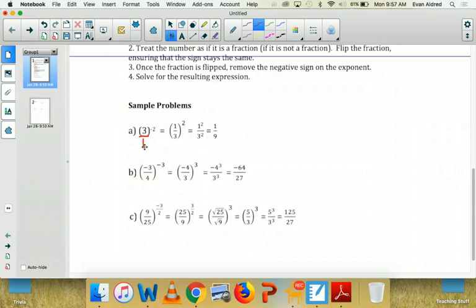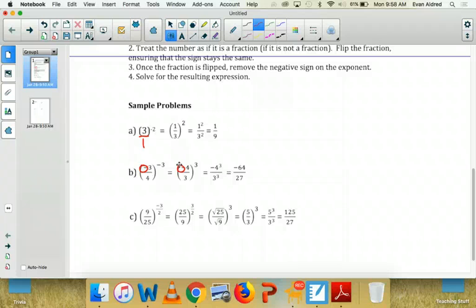B is where we see a negative base. So we start with negative 3/4 to the power of negative 3. What's important to note here, and this will come up, is that the negative sign on the base remains. It doesn't disappear. So you flip your base, you flip the numbers. We start with 3 over 4, we flip it to 4 over 3.